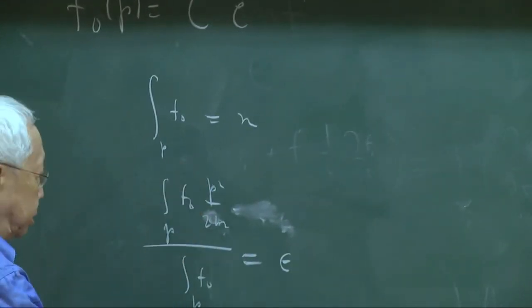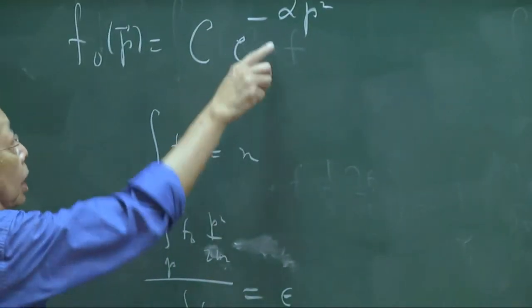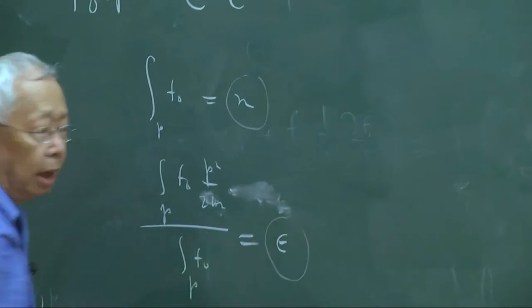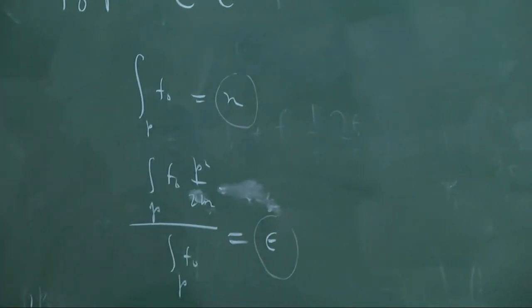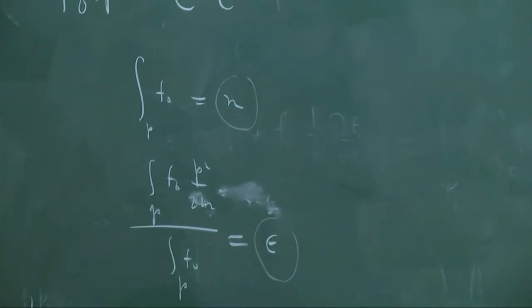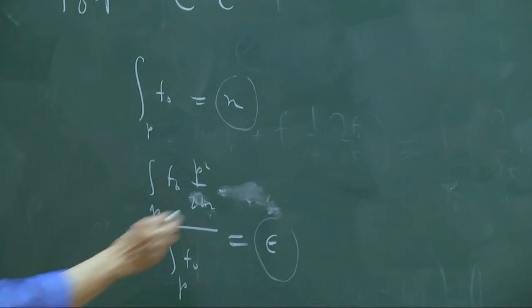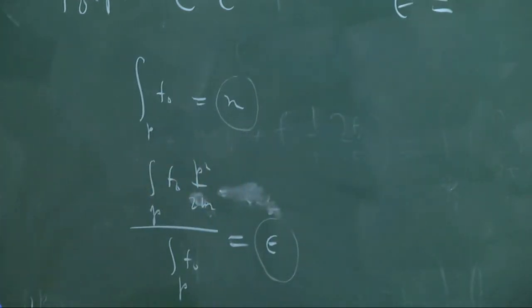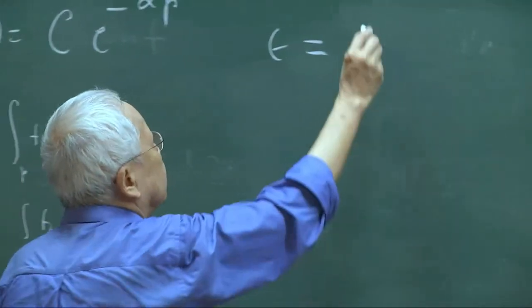So we can express the two constants, C and alpha, in terms of the observed quantities, density and the energy per unit volume. And last time we did some Gaussian integral, you remember. And we find that epsilon is equal to 3 over 4m alpha.